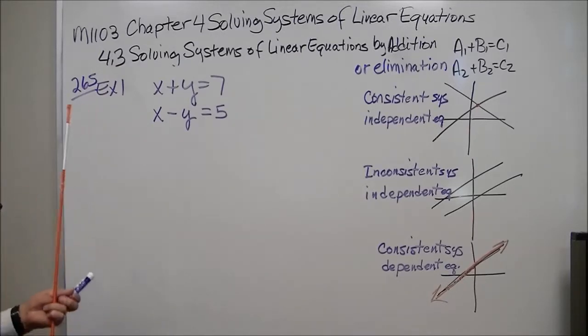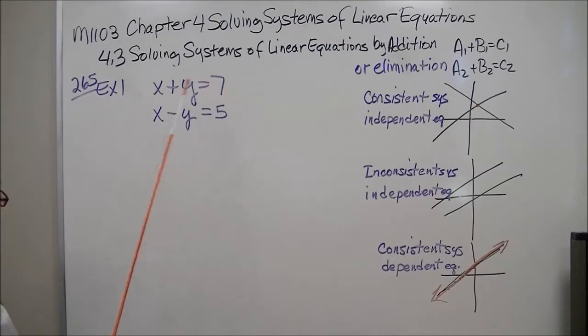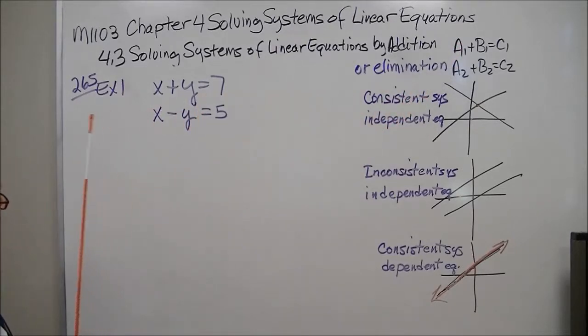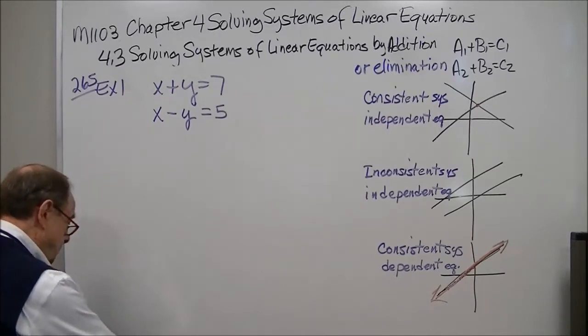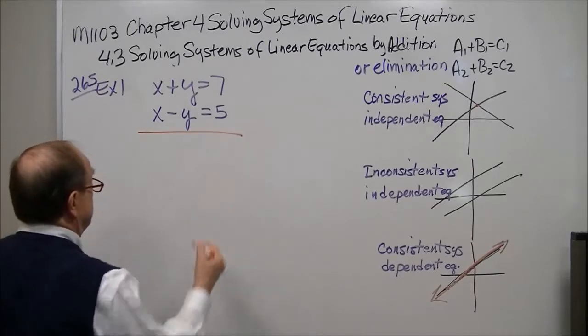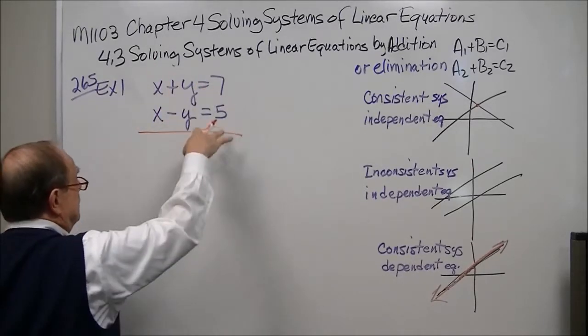We look at our system of equations. They're both in standard form, as we have over there. But now as we look at them, how about if we put a line underneath them and just add them up?